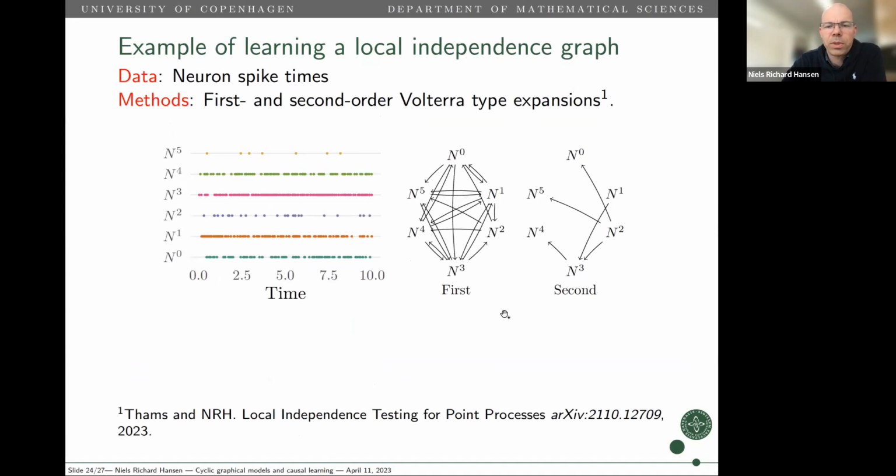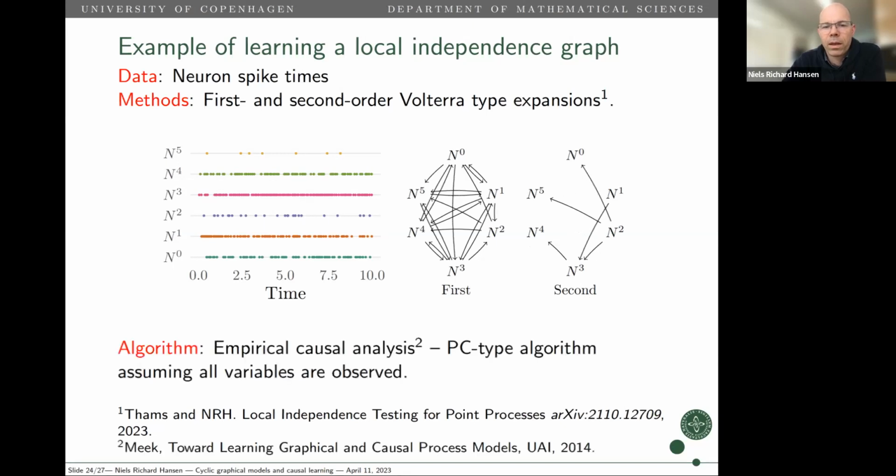There can be various interpretations of this, but one interpretation is that there was a lot of model misspecification that is then corrected for when we do include the second order interaction term here. And this is why we don't detect a lot of spurious edges over here. And then the actual algorithm here was a fairly simple PC type algorithm, not trying to recover the full DMEG.